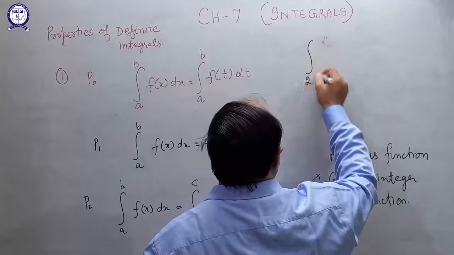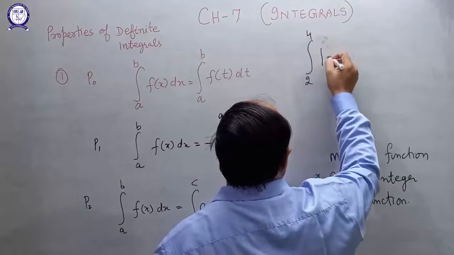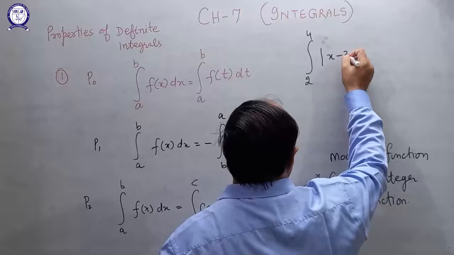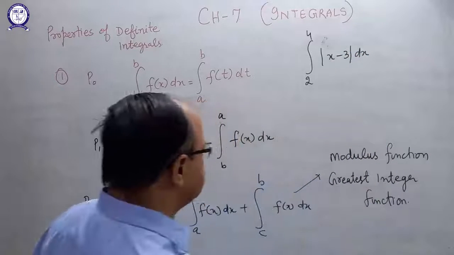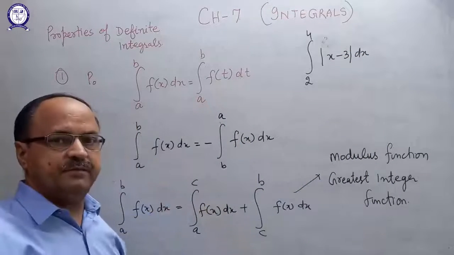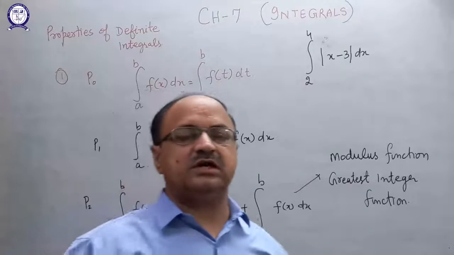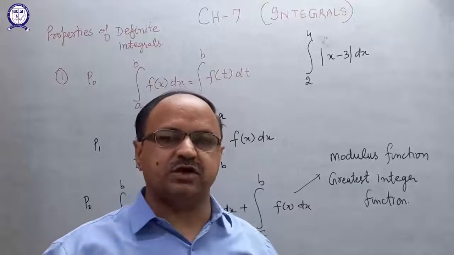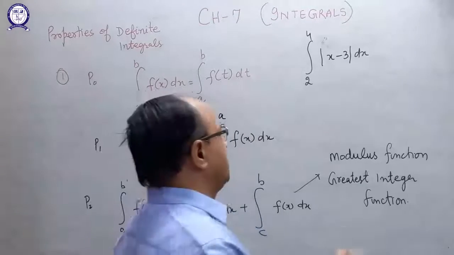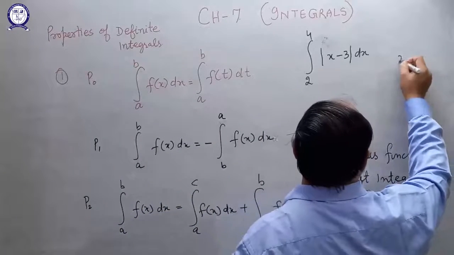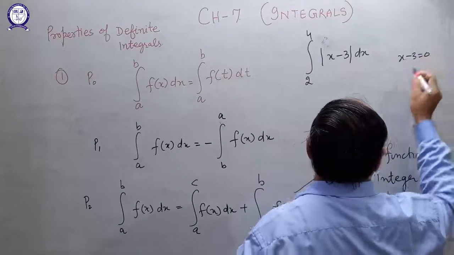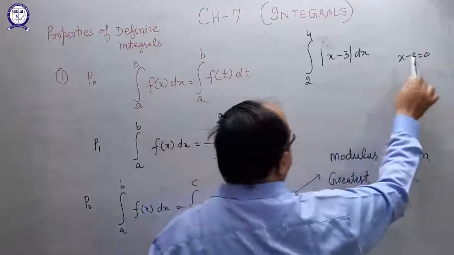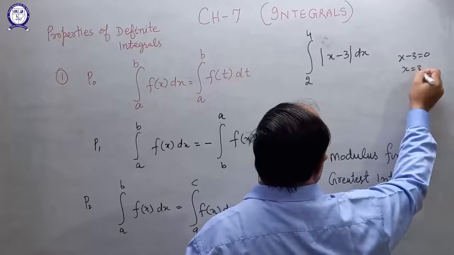Suppose integration 2 to 4 and the question is mod x minus 3 dx. This c is called the breaking point, the turning point of the modulus function. Therefore, put x minus 3 is equal to 0, then x is equal to 3.